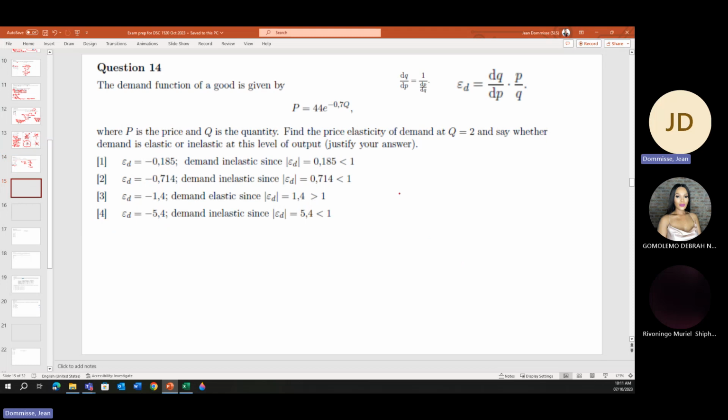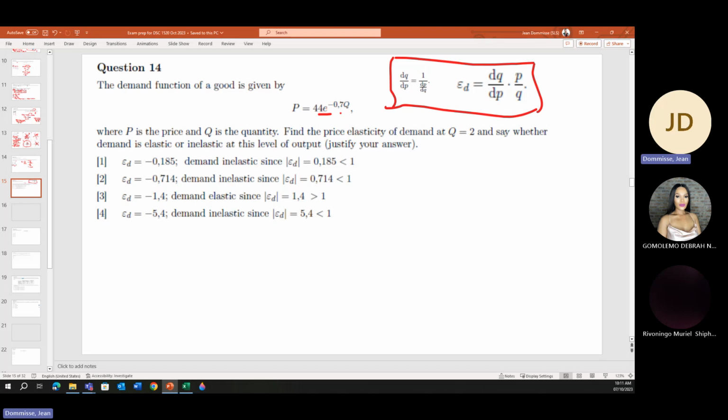Okay, so next question, and this time I have added again the formula for how we will get to it, because our demand function is not a linear equation. It's a non-linear equation. It's actually an exponential function, so it's going to be a bit different.